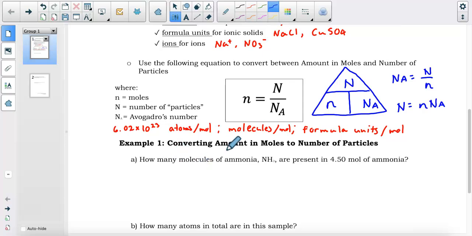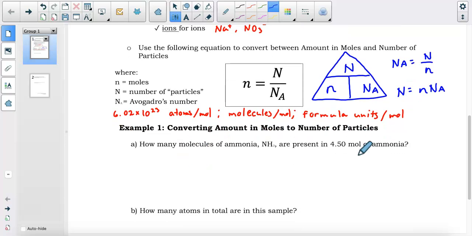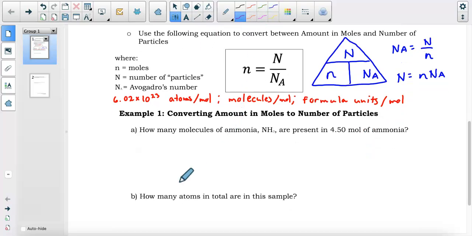The first one we're going to try is converting the amount in moles to number of particles. With any of these numerical questions, you always want to establish what information you're given and what you're trying to find. We want to know how many molecules of ammonia, NH3, are present in 4.50 moles of ammonia.